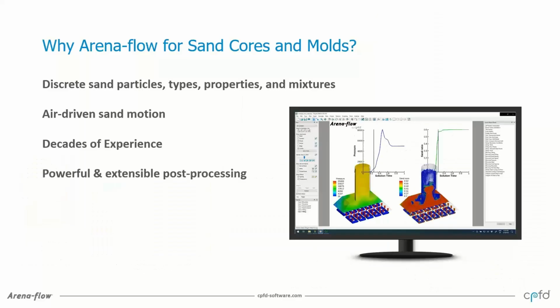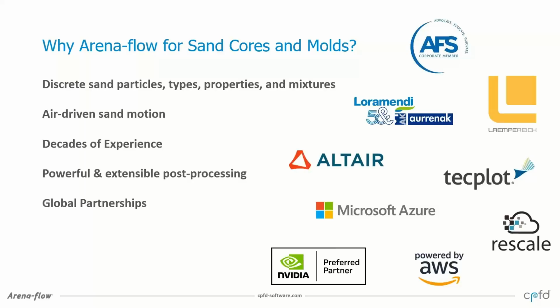Another thing, the post-processing is quite powerful, easy to use, enabling you to look at the results and understand not just what will happen with the core or your tooling, but why. And we are partnered, whether it's as an AFS corporate member with tooling providers, machine providers on the software side, and even on the compute side.